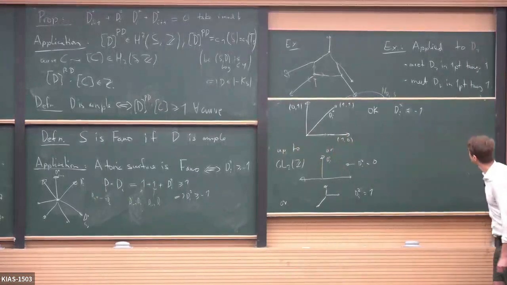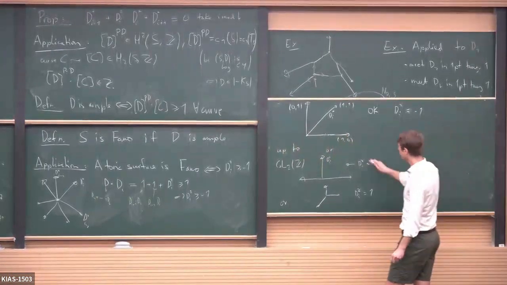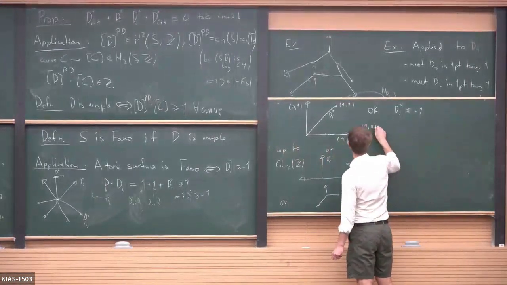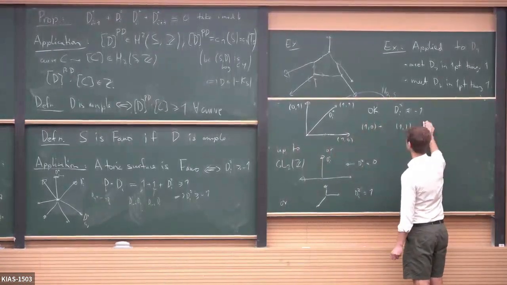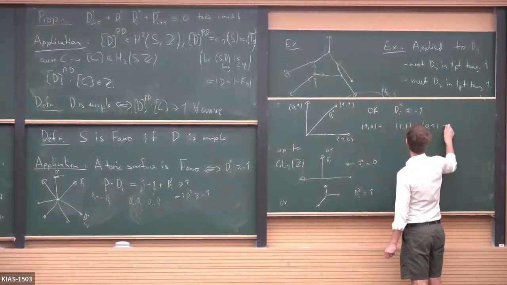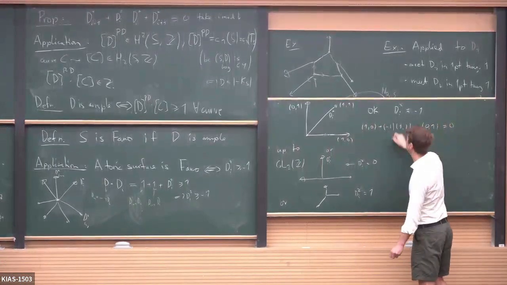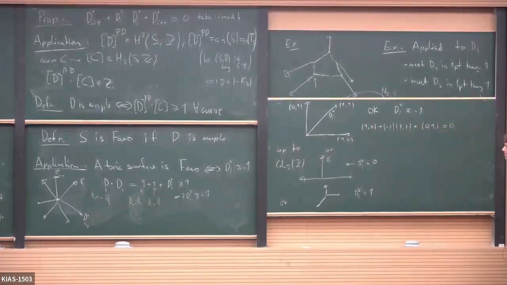What's that? Because (1,0) plus something times (1,1) plus (0,1). For this to be 0, you need a -1 here. Yeah. So the other two arrows are di -1 star, di +1 star. That's correct.